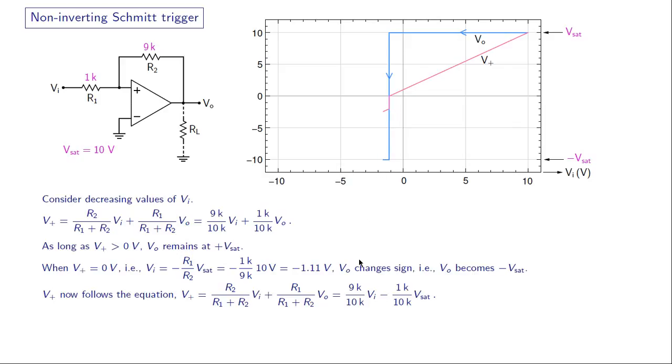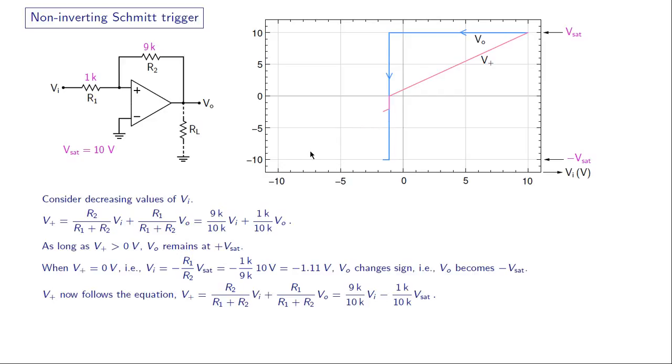Alright, so now what happens as we continue to decrease Vi further in that direction? V plus is proportional to Vi. So as Vi is decreased, V plus will also decrease. And at this point, V plus is already negative. So what will happen? V plus will keep going down.